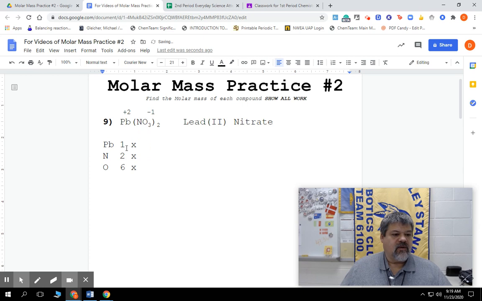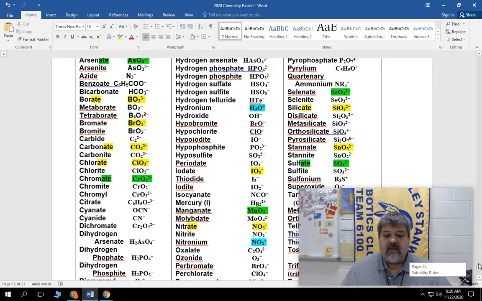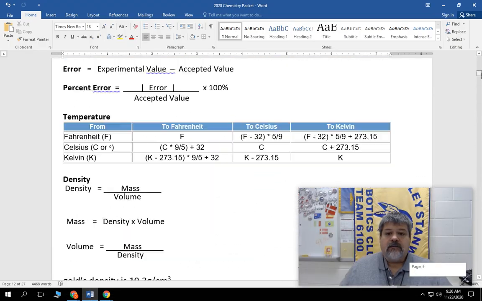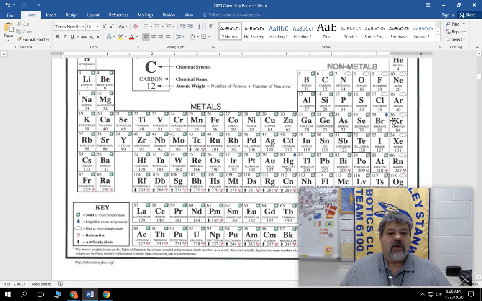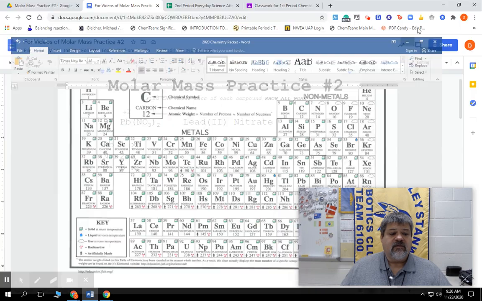So now we're going to go back and figure out the atomic weight of each one of those. We'll go back to our packet, scroll back up to our periodic table, and we'll look. Lead is right here, so lead is 207, nitrogen is 14, and oxygen is 16. So 207, 14, and 16. Let's go back to this.